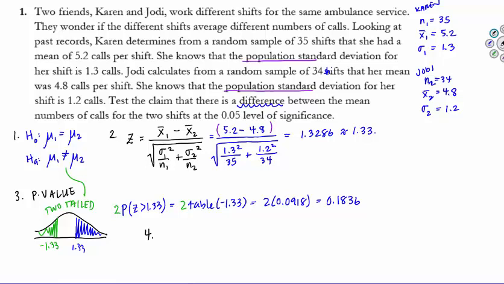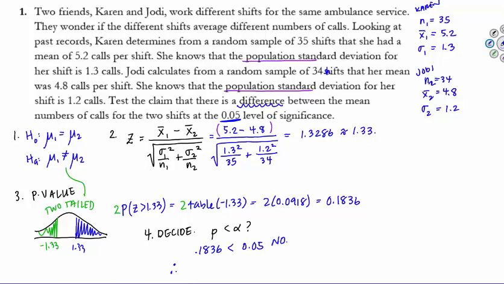Fourth step is to make a decision. Is p less than alpha? If p is low, we will reject the null hypothesis. You see p is not low though. P is 0.1836. That's not less than 0.05, which was the level of significance. So no, this is not the case.